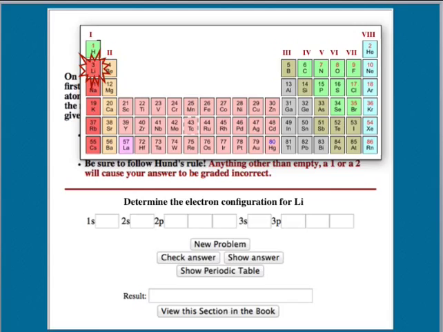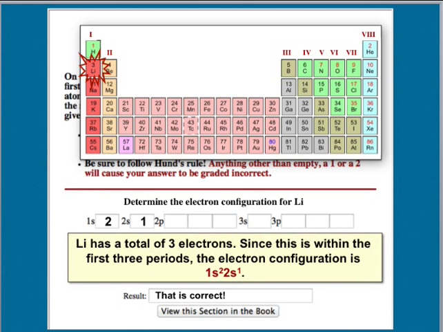We're in our second period, right? So that means our first is full. In our second period, we have put in 1 electron, that's it. And that's it.